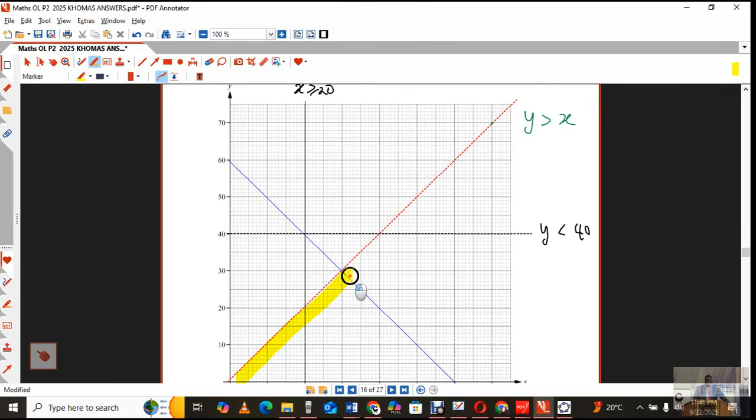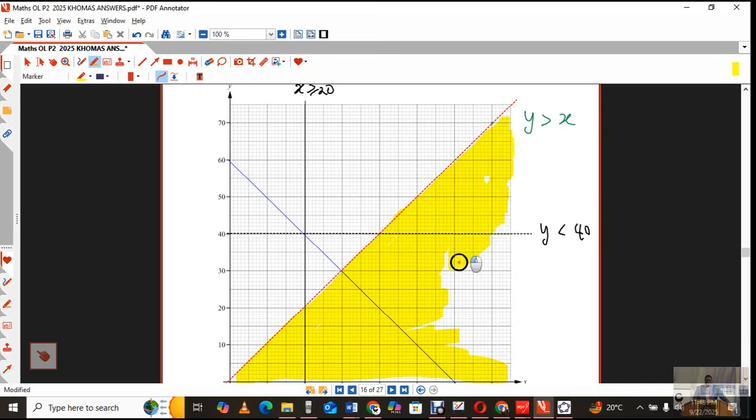Make sense? Right. Don't just shade and end there in the exam, please. You have to shade this region. This is what I'm shading, because that one says y is greater than, so the region we are shading is the opposite, which is below the line. And it's very easy to check.